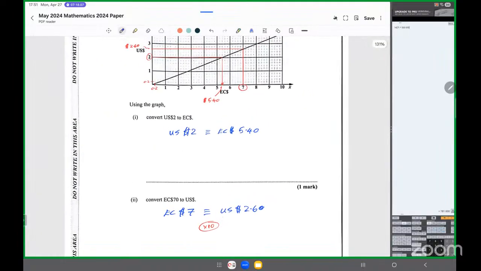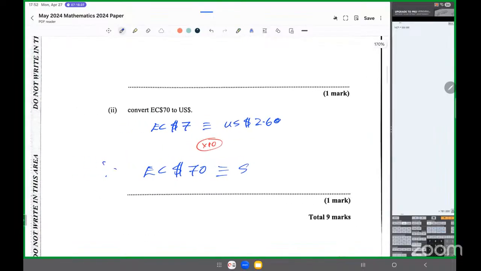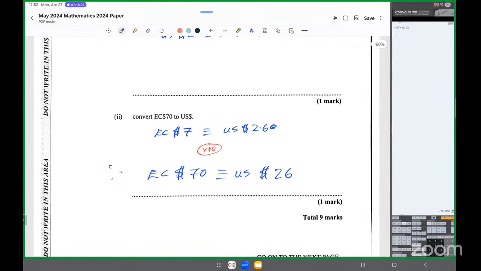So I multiply by 10, which means that EC $70 is equivalent to US $26. That is it. You got it? Good. All right.